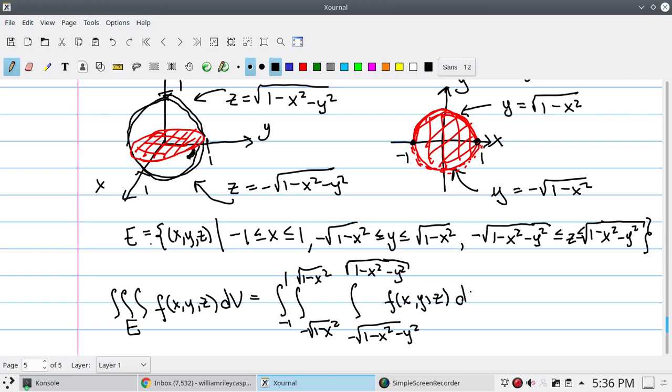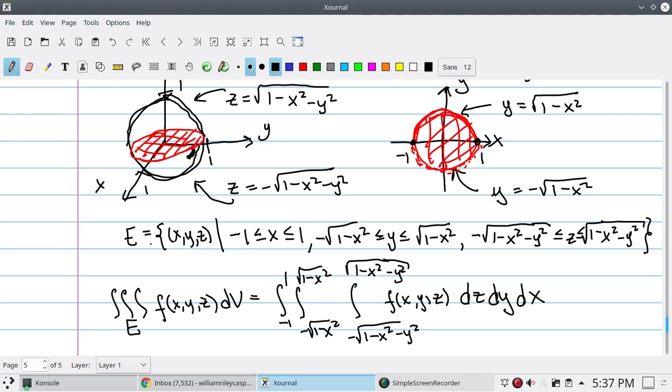For the order of integration, these were the bounds in z, so I go dz first, the innermost integral. The middle integral has the bounds in y, so it's dy. The constant bounds were x, so my outer integral is dx. So I've rewritten the triple integral as this iterated integral.